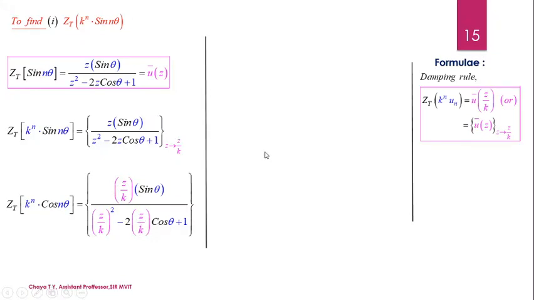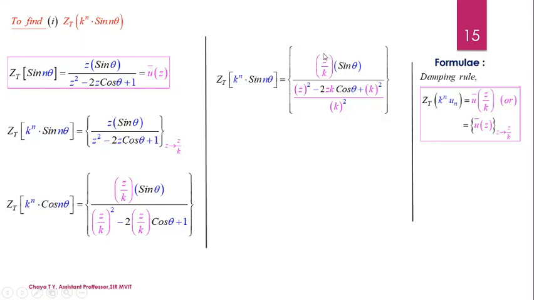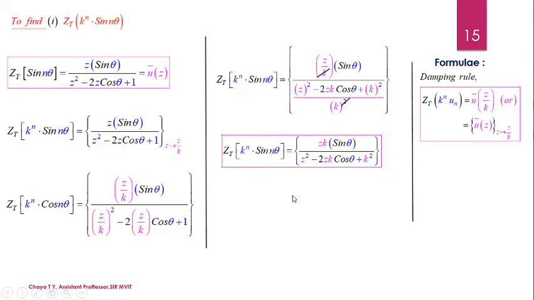As usual, take LCM, and we get Z by k sin theta divided by Z square minus 2zk cos theta plus k square, divided by k square. Simplify the numerator k with the term k squared in the denominator, and we will get the Z transformation of k power n sin n theta as zk sin theta divided by z square minus 2zk cos theta plus k square.